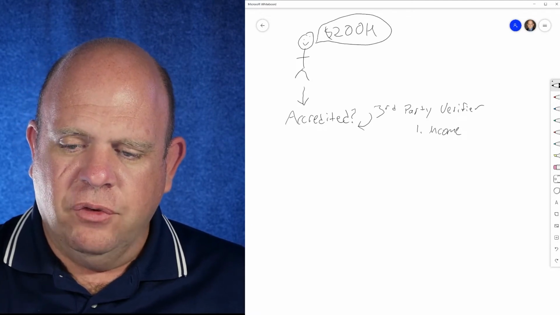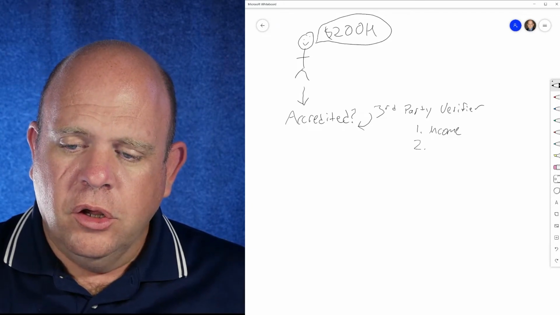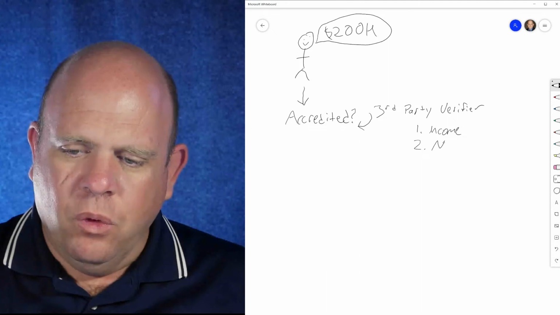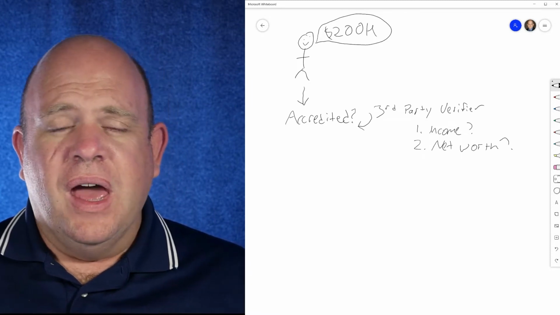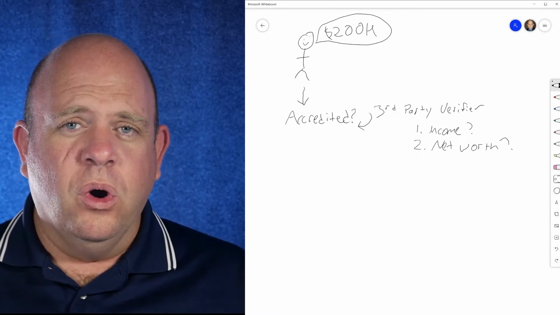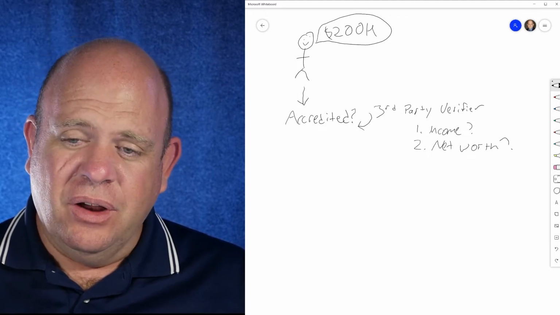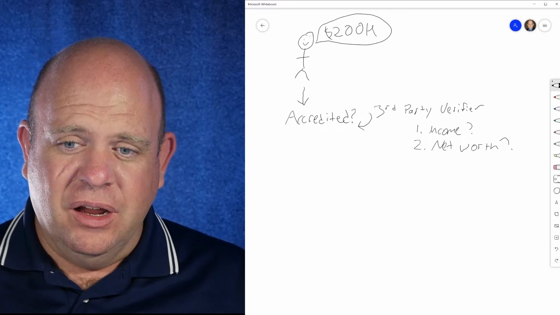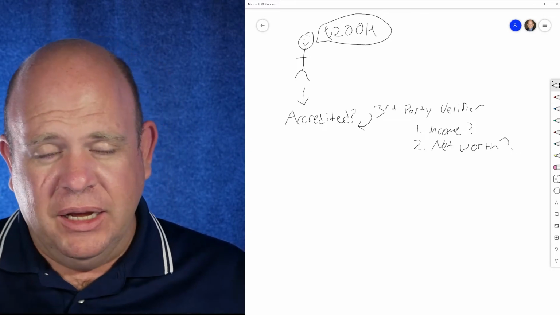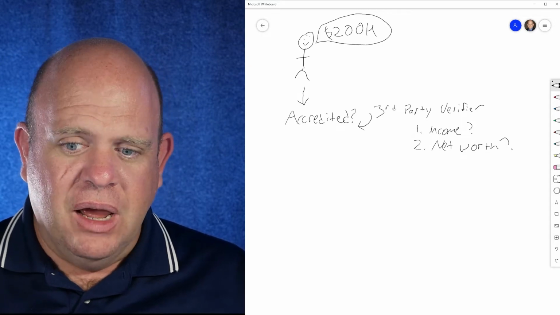Or do they meet the net worth requirements? Is that $1 million of net worth, not counting their house, their primary residence, or any asset of it, except if it's underwater, then we have negative equity. We've discussed that before. So do they have the net worth that meets that?